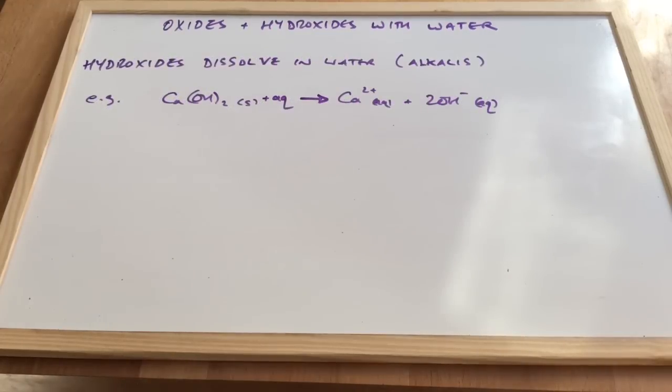The hydroxides readily dissolve in water, and so hydroxides are alkalis. Remember, alkalis are soluble bases, and the example I've chosen here is calcium hydroxide.